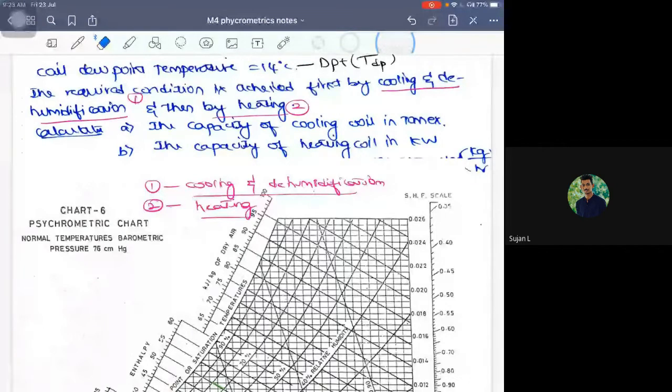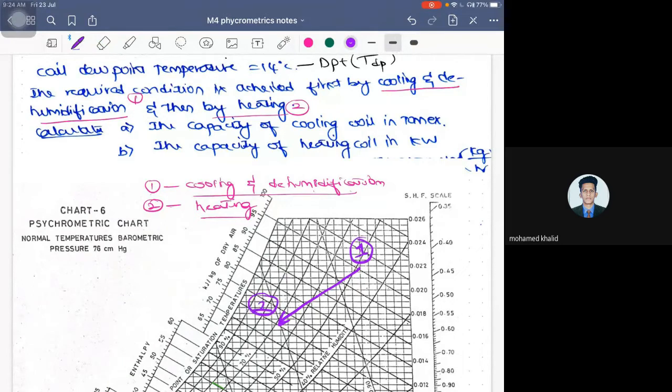So according to you, cooling and dehumidification, how could it look on a psychrometric chart? Down, inclined to the left. Excellent. It is downwards, inclined to the left. So my state 1 could be somewhere here and state 2 could be somewhere here.